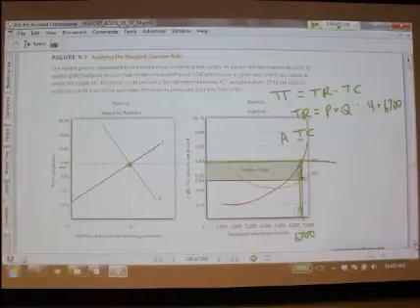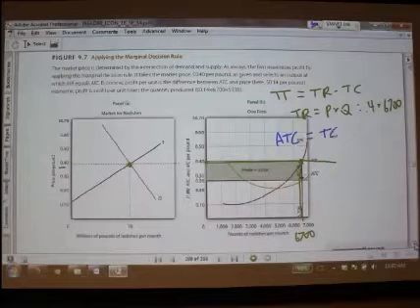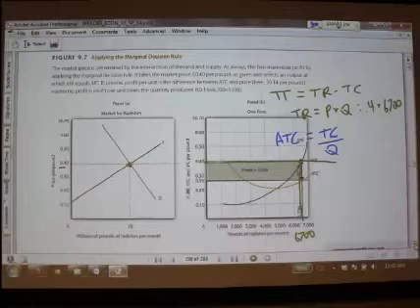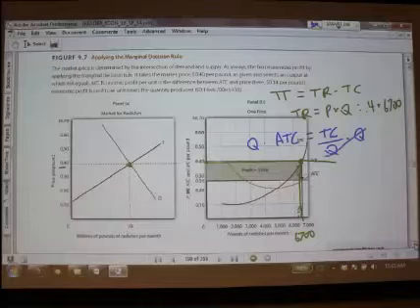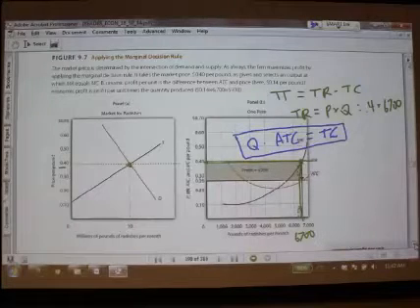So average total cost equals total cost divided by Q, right? So now if we want to get total cost by itself, we can just multiply both sides by Q, and then these cancel, and we have quantity times average total cost equals total cost.